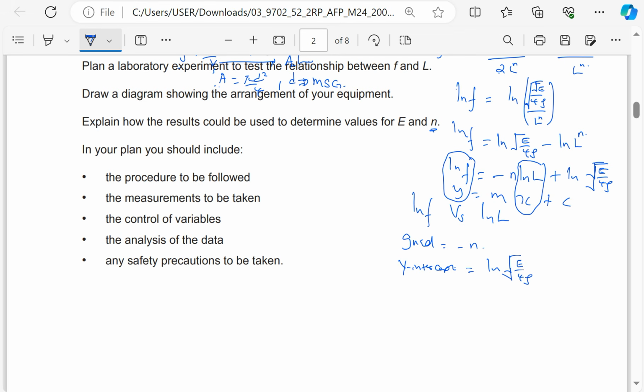So to find n, I take the negative gradient, and to find E, I make E the subject. If I introduce the anti-logarithm, the root of E over 4 rho is equal to e to the power of the y-intercept.